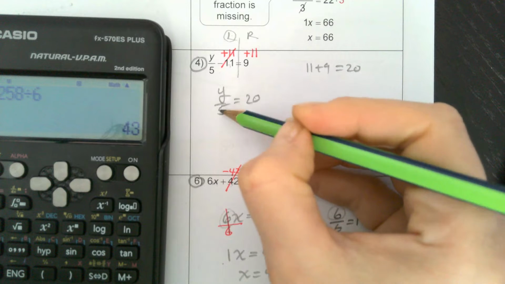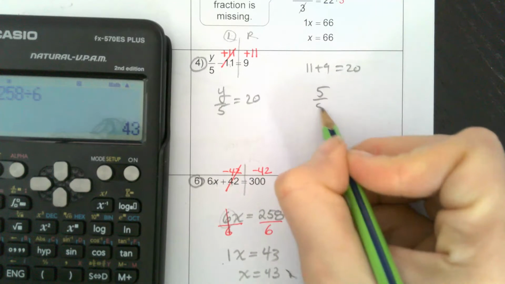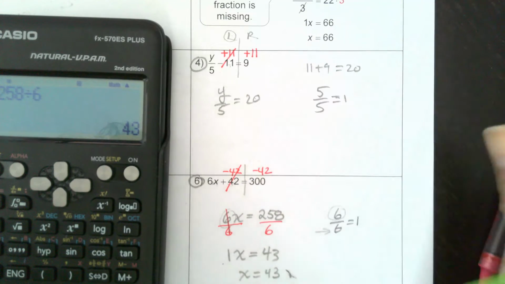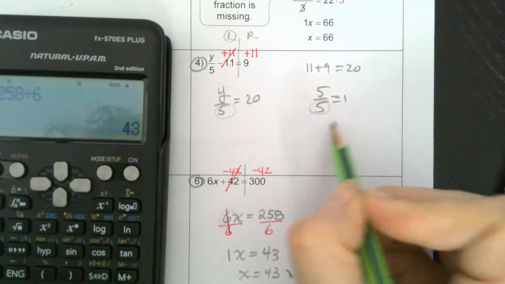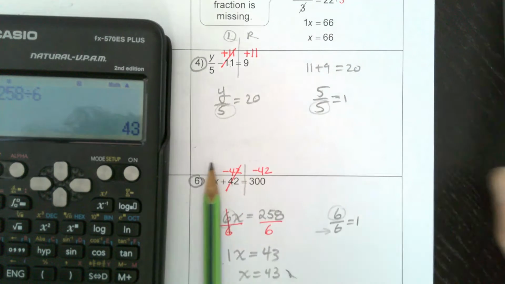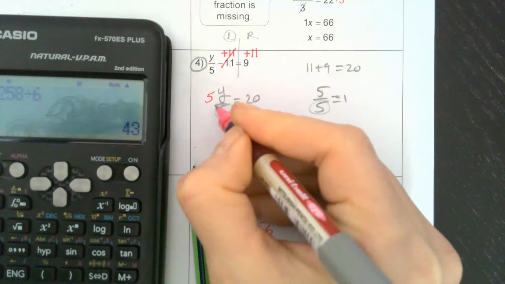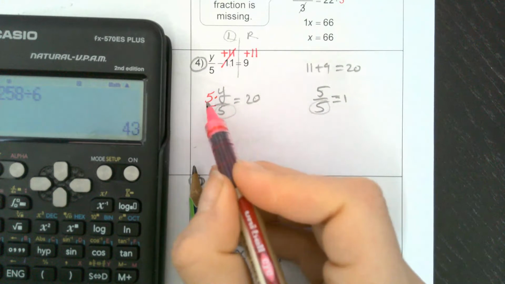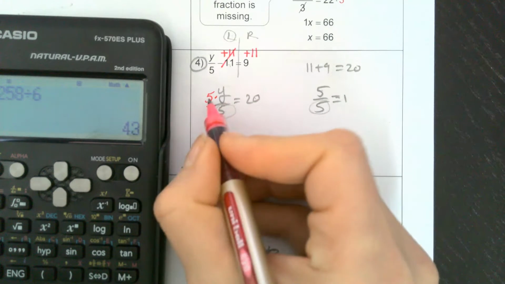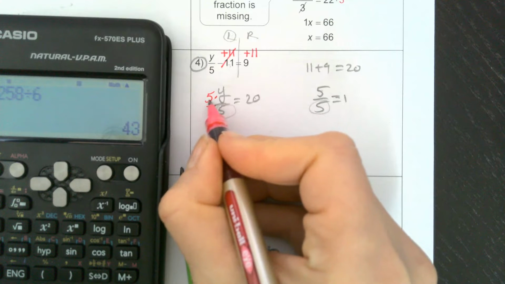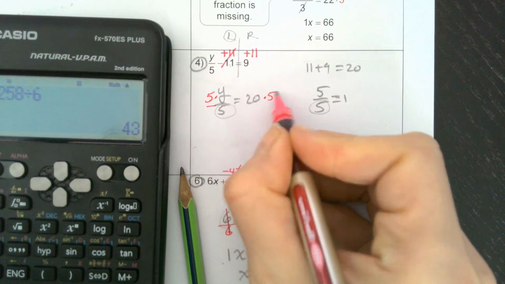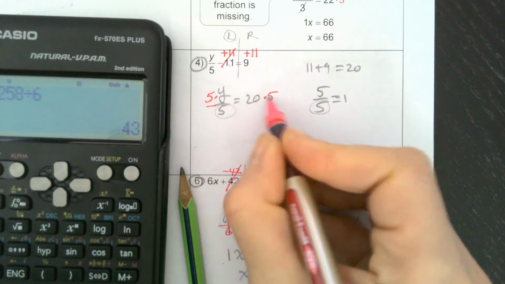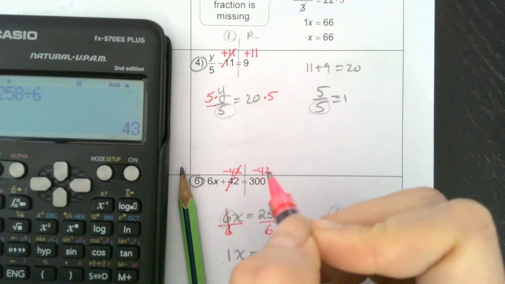So I need to make the fraction 5 over 5 equals 1. Well, I already have the bottom of the fraction, so I have to put the top on. So that's a multiply, 5 times y. If I multiply this side by 5, I must multiply this side by 5. I always have to do the same to both sides of the equation.